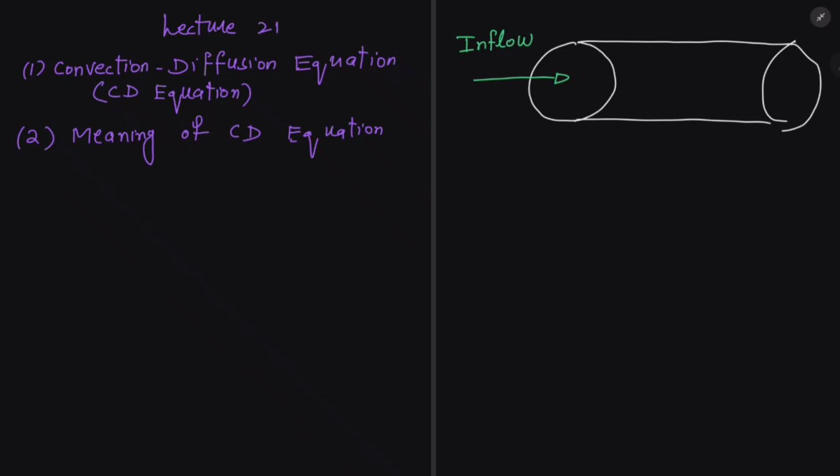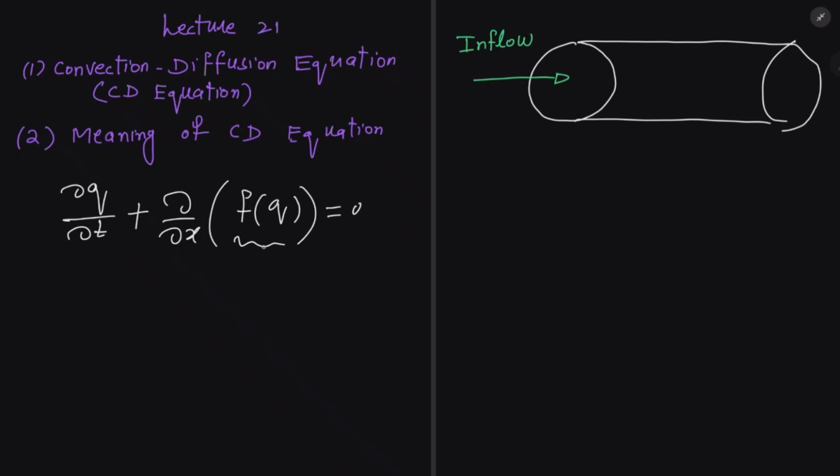Previously we saw that we had one equation, partial q by partial t, partial by partial x, and here we had some flux term. The flux term means the quantity that enters into the volume or into the region.